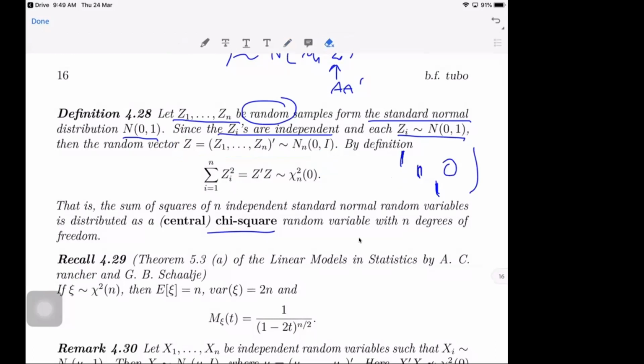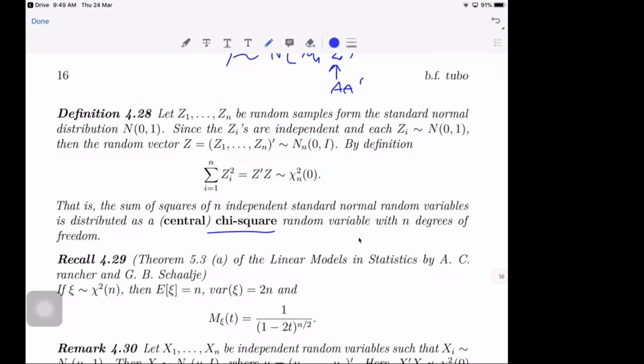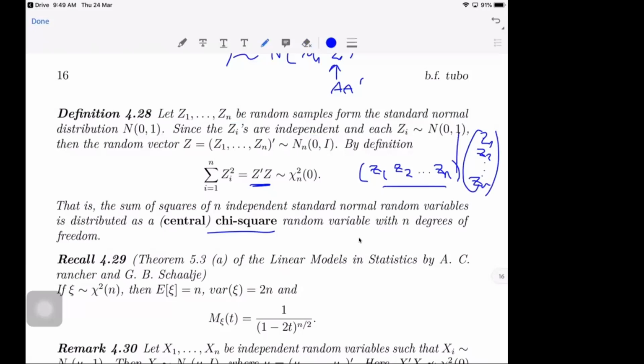So if we define the summation of zi squared, i from 1 to n, or that is z prime z. So pareha man na z prime, z1, z2 to zn times z1, z2 to zn. So i-multiply na nimo, that will be the summation of zi squared. And that will be chi-square distributed. Okay?